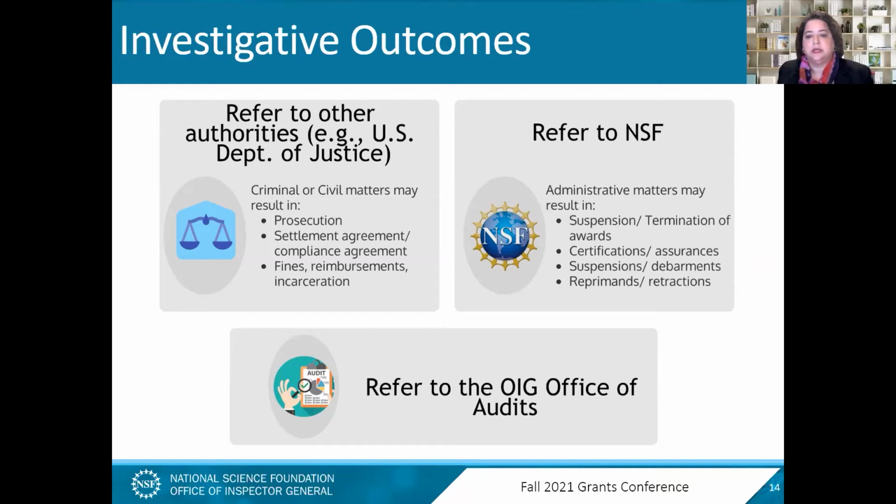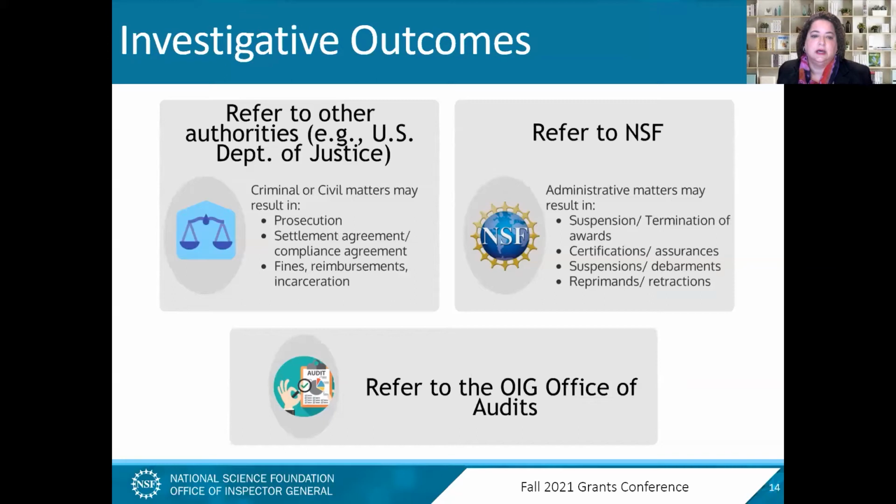In the most severe cases, we can recommend that an individual or an entity be suspended or debarred government-wide. We can also ask for reprimands and retractions of publications that have research misconduct.